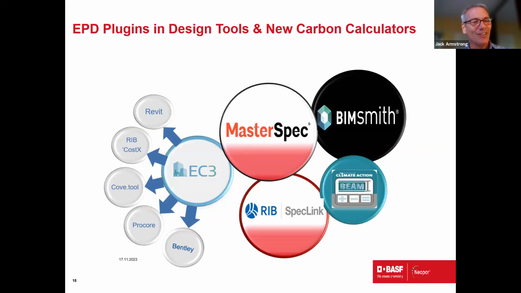So now that we have all these EPDs, how are we really using them and comparing and contrasting them? There's a whole universe, you might say an organizational network, out there with a lot of different programs that exist today, where you have already existing programs like BIMSmith and SpecLink and MasterSpec, and even the new BEAM tool that is for the residential industry.